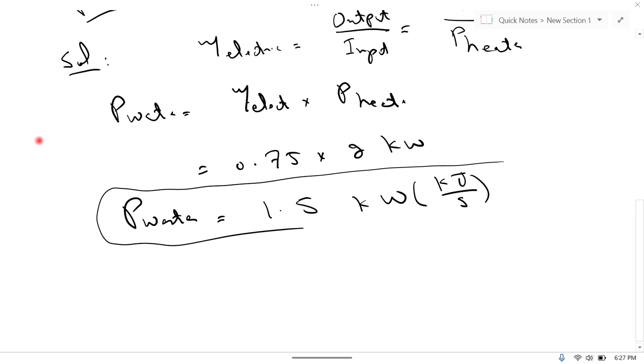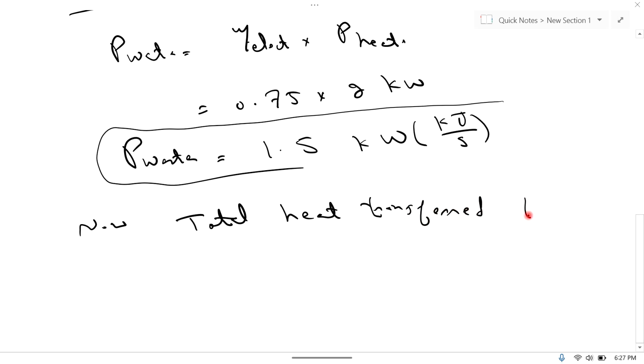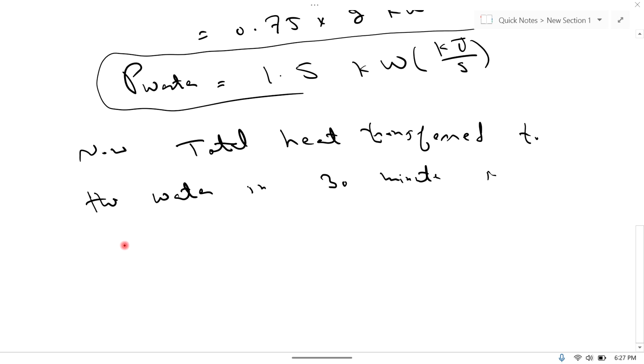Now the total heat transferred to the water in 30 minutes, because the time given to us is 30 minutes. Q is equal to power transfer to water multiplied by total time.